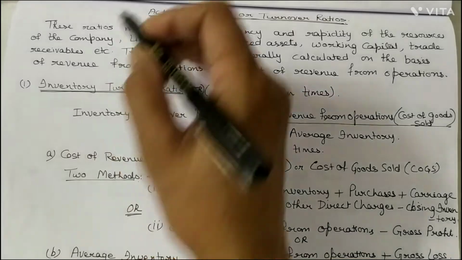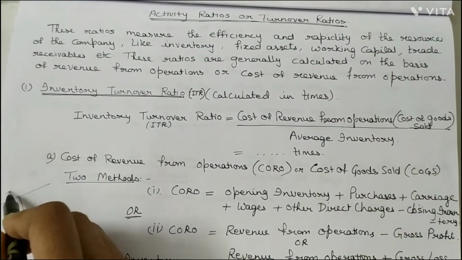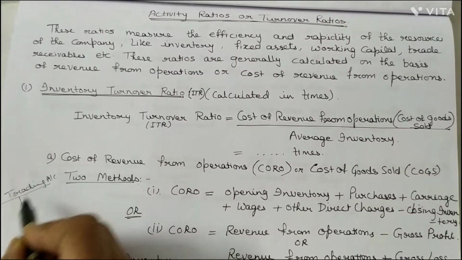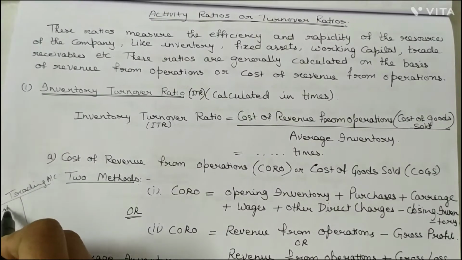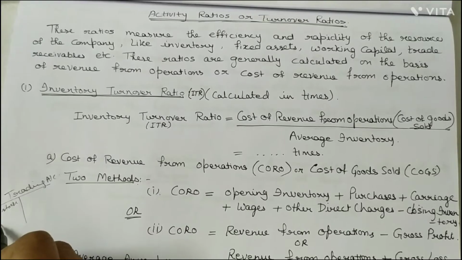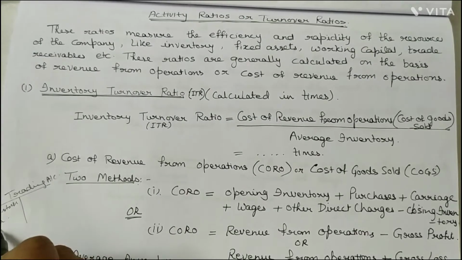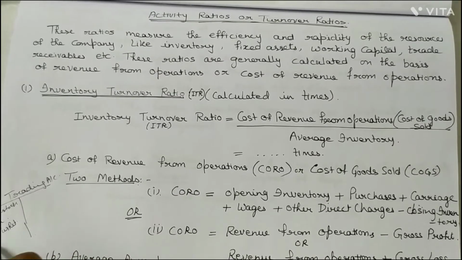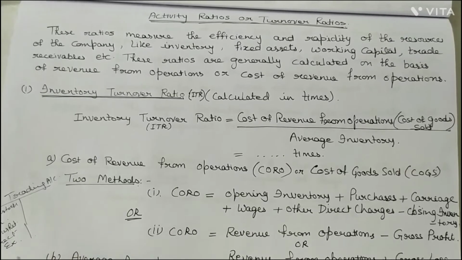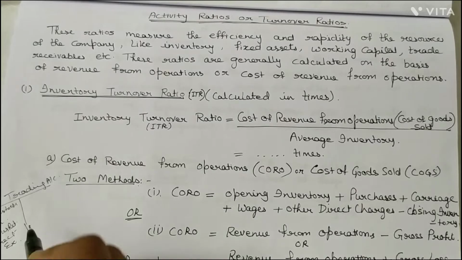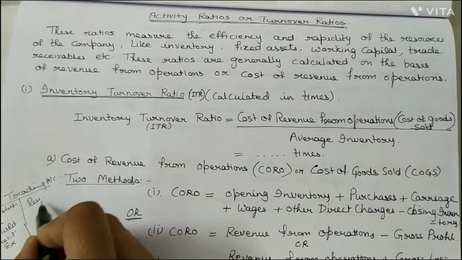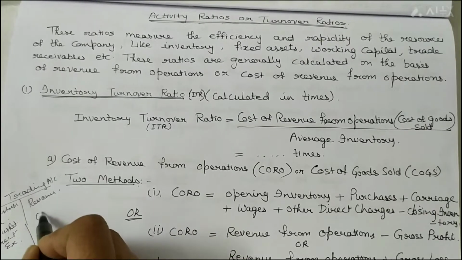Like this, on the trading account, this is opening stock, purchases less purchase return. Then you have to take direct expenses like wages, carriage, etc. And here you have to take revenue, and closing stock is given.